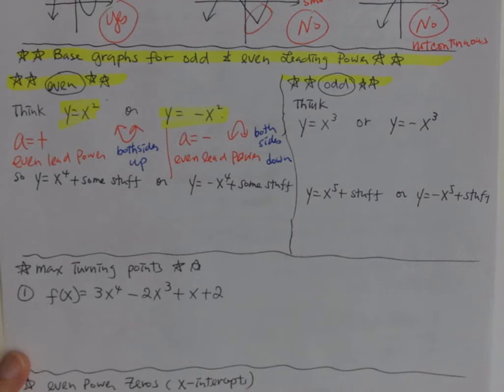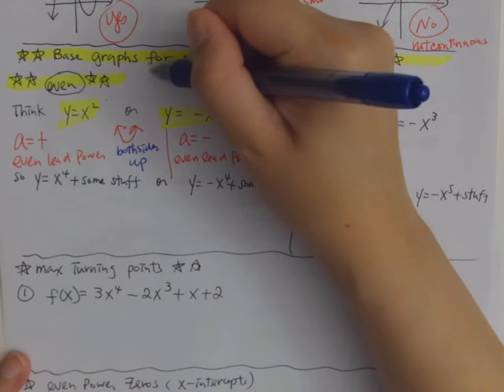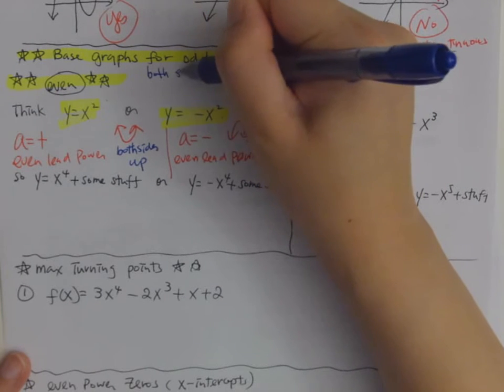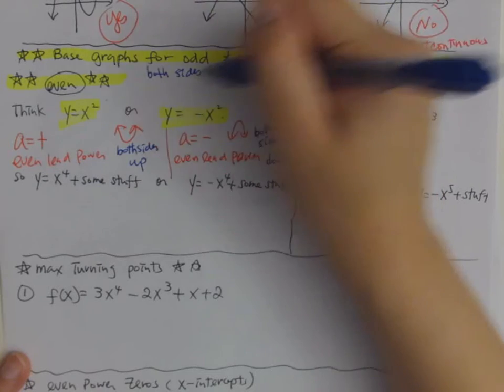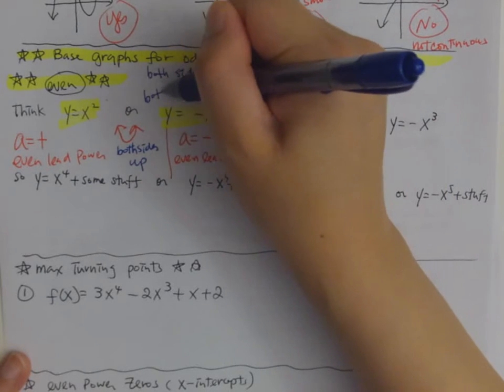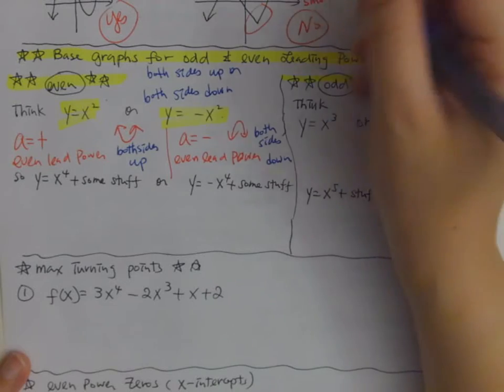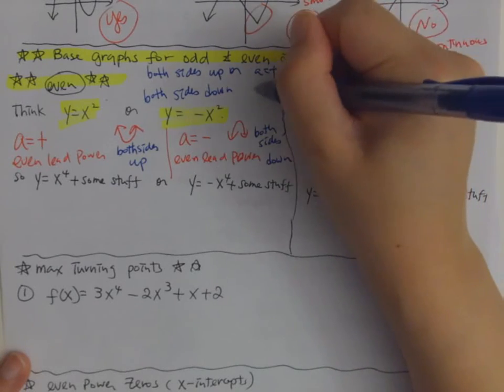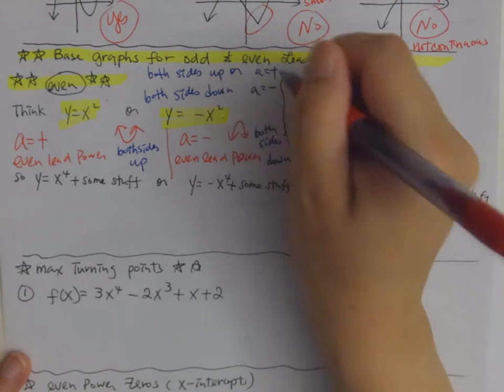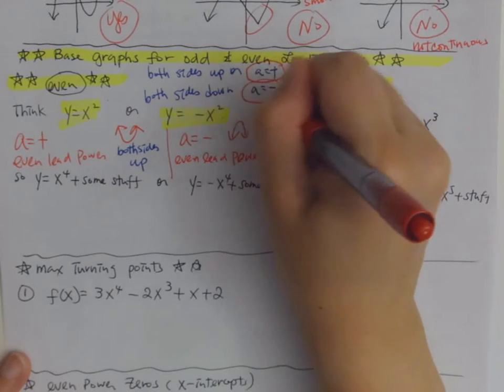So in general, if you have even leading power, depending on whether your leading coefficient is positive or negative, you're going to have both sides up or both sides down. This depends on whether A is positive or A is negative. Okay, so this is very important.